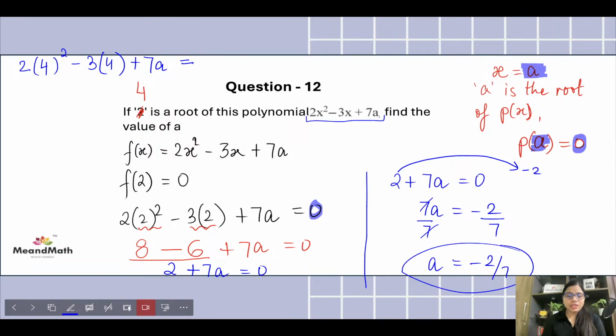And when we substitute, every time we are just making two changes. Whenever you substitute the value, you make it equal to 0. Initially, it was not equal to 0, but because we know that it's a root of the polynomial, we plug the value in and then make it equal to 0.